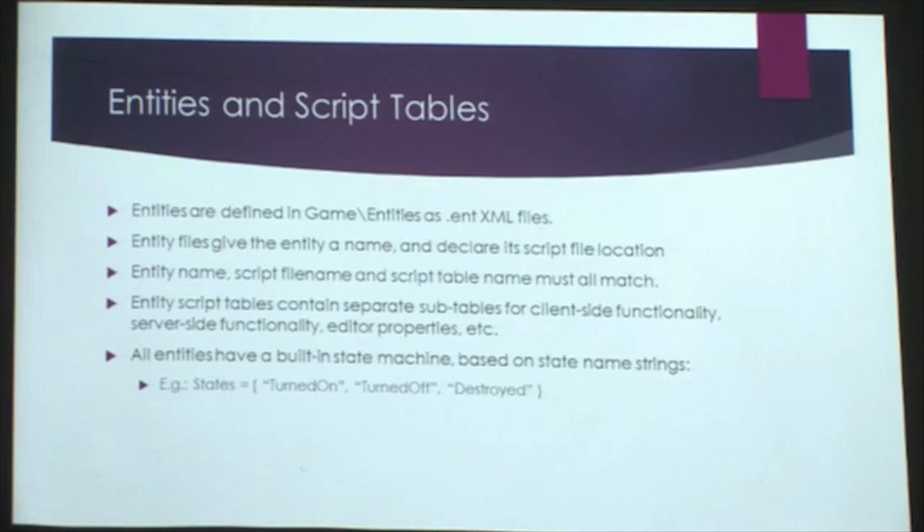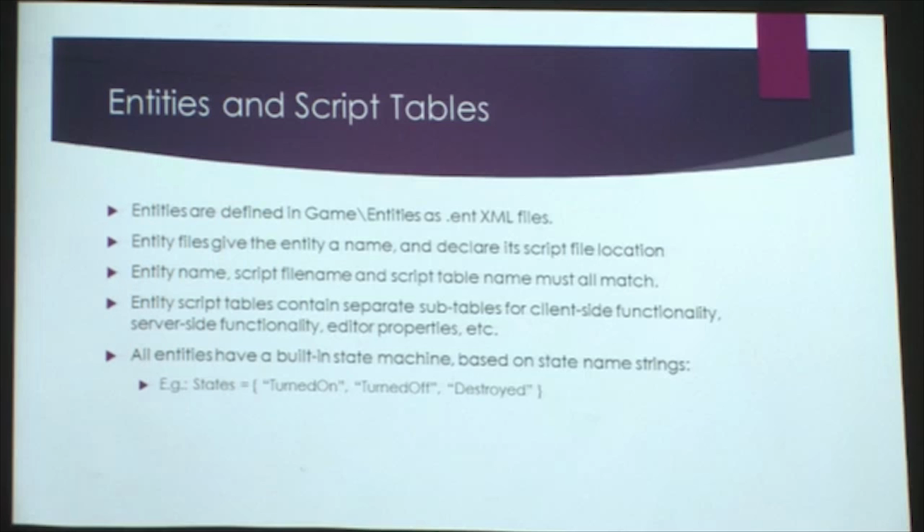The name of the entity file, the name provided in the entity file, the name of your script file, and the name of your script table within that script file all have to be the same. So if we had a script named target, it'd have to be target.ent. The script file would ultimately have to end up being target.lua. The table name would be target, and the name specified in the entity file would be target.